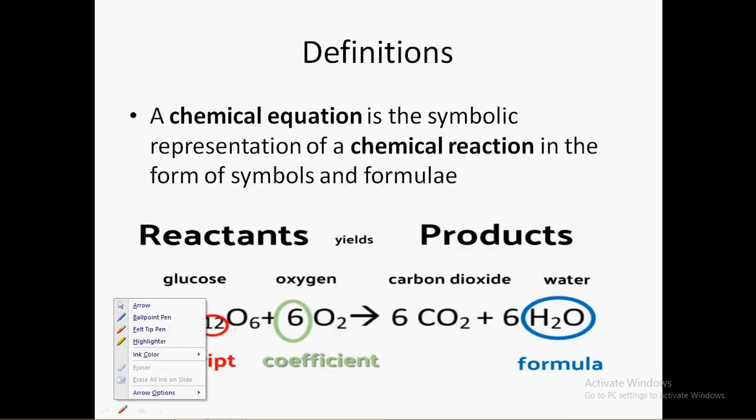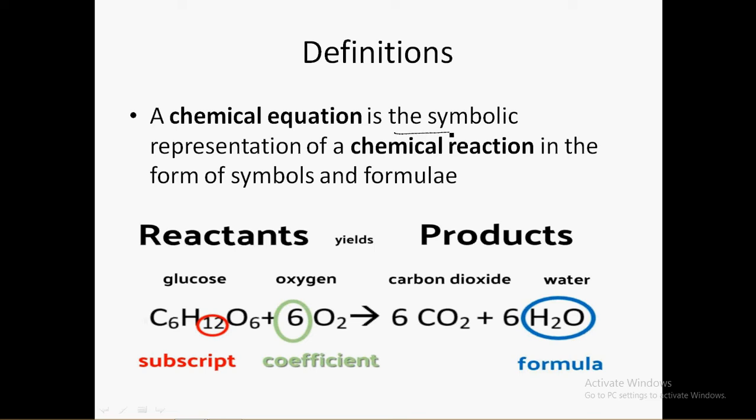Let us start our lesson. First of all, we have to take the definitions. What's a chemical equation? A chemical equation is the symbolic representation of a chemical reaction in the form of symbols and formulae.